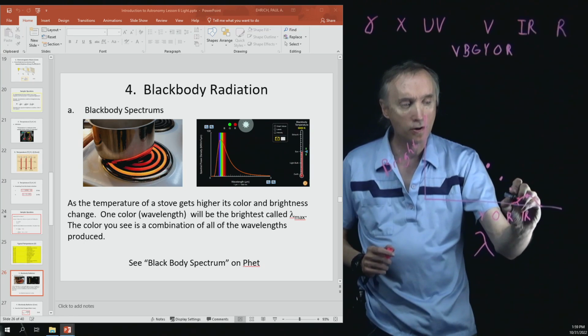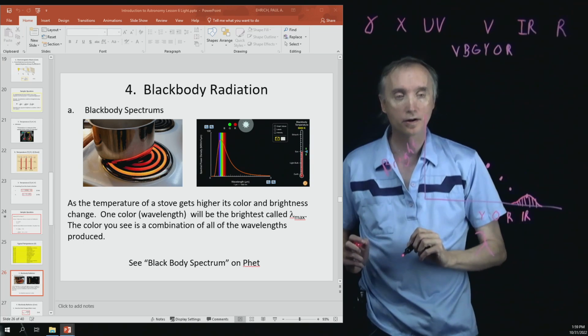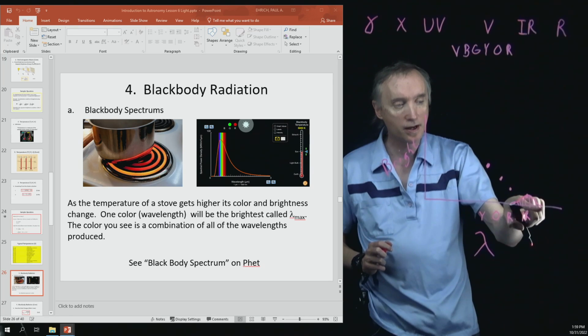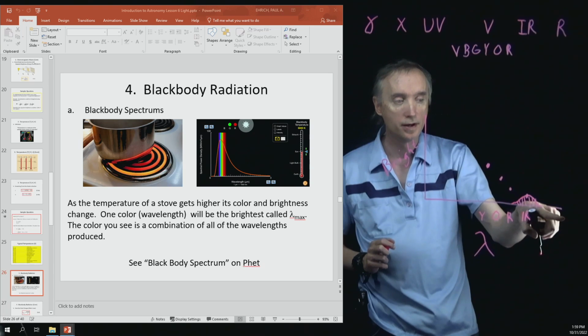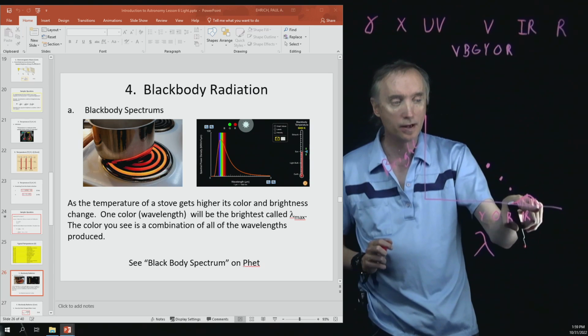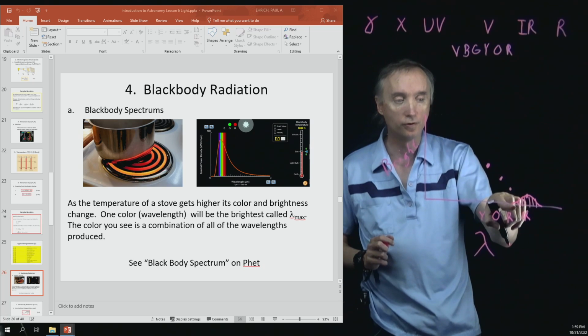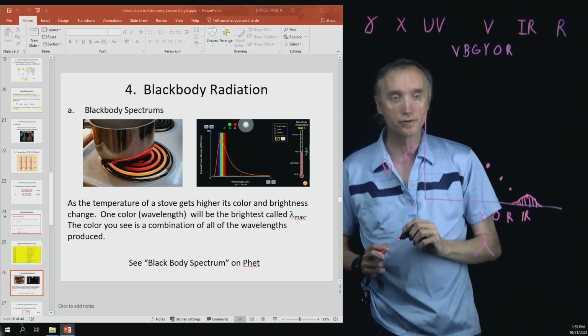And so all of these different wavelengths of light are contributing. But you see that there might be just a tiny bit of radio on this side of infrared. And so there might just be a tiny amount of radio, but a little bit more of infrared. And then you can see that there might even be some visible over here, but it's just so small that you're not going to notice it.